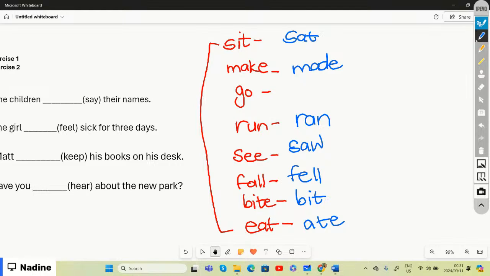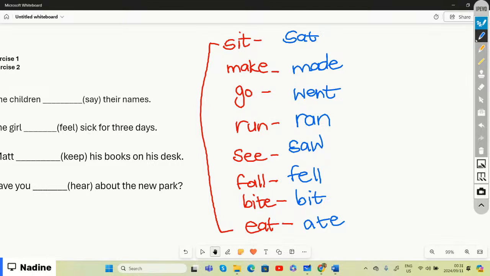The irregular past tense of go. Yes, and the irregular past tense of go, sorry, is went.